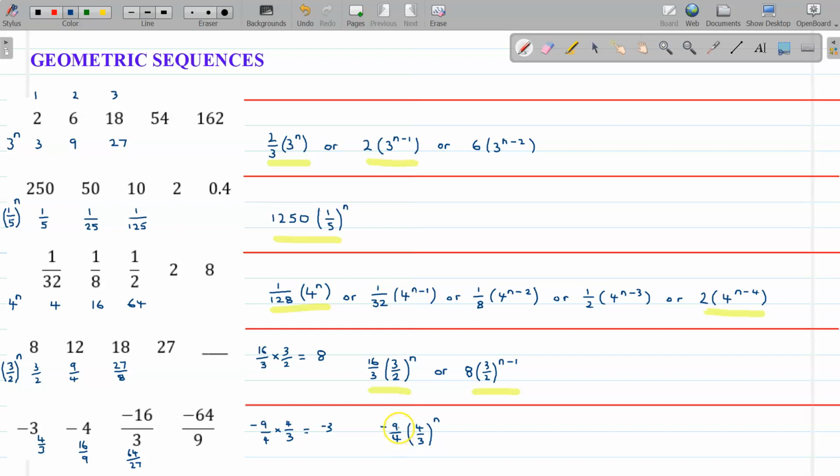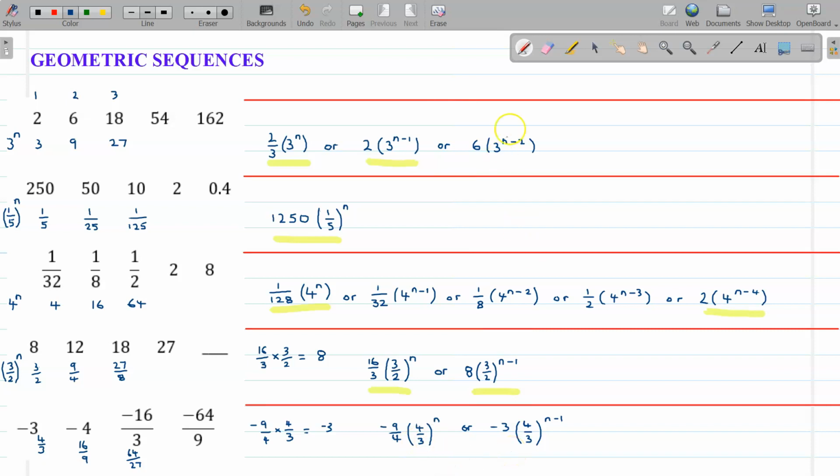And if I did that, 4/3 times minus 9/4 would give me minus 3. So the alternative way of writing it would be minus 3 times 4/3 to the n minus 1, which is definitely a better way of writing it. But as I said, that's a particularly tricky question, and it's unlikely you would get anything as difficult as that in a GCSE paper.